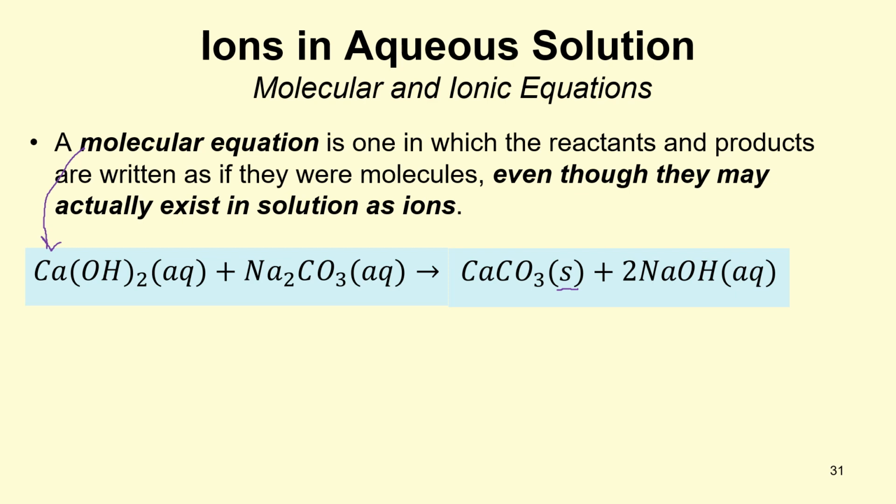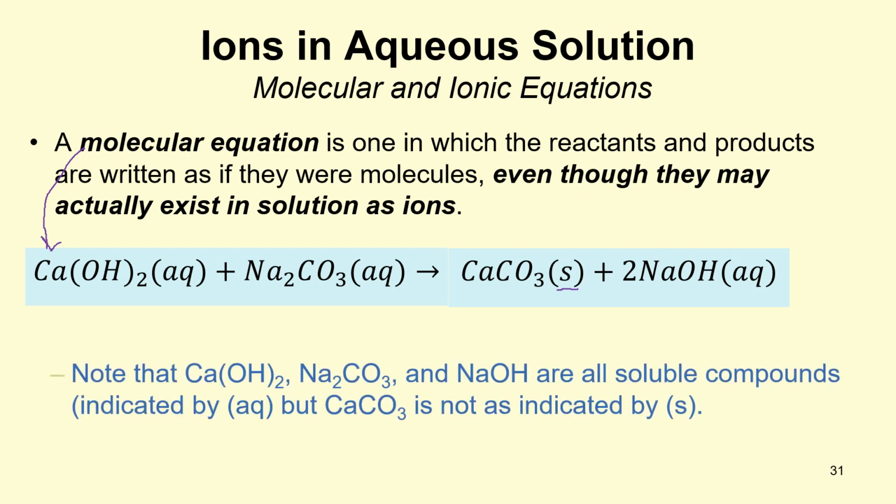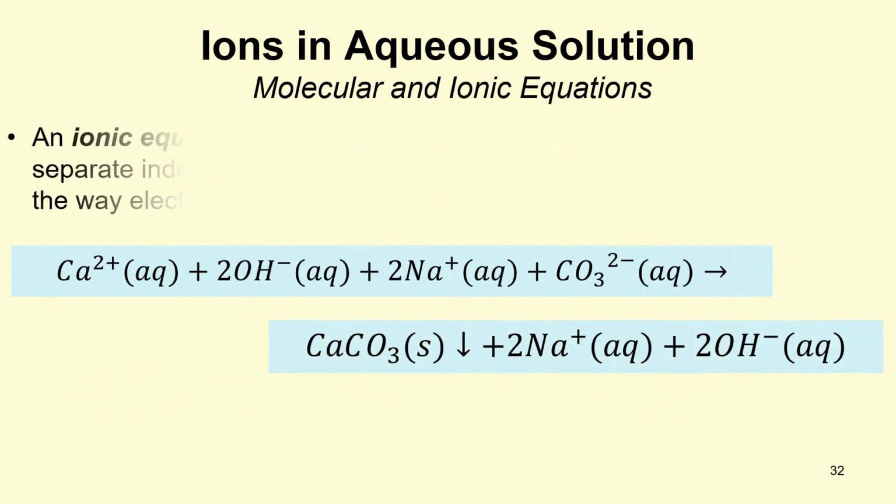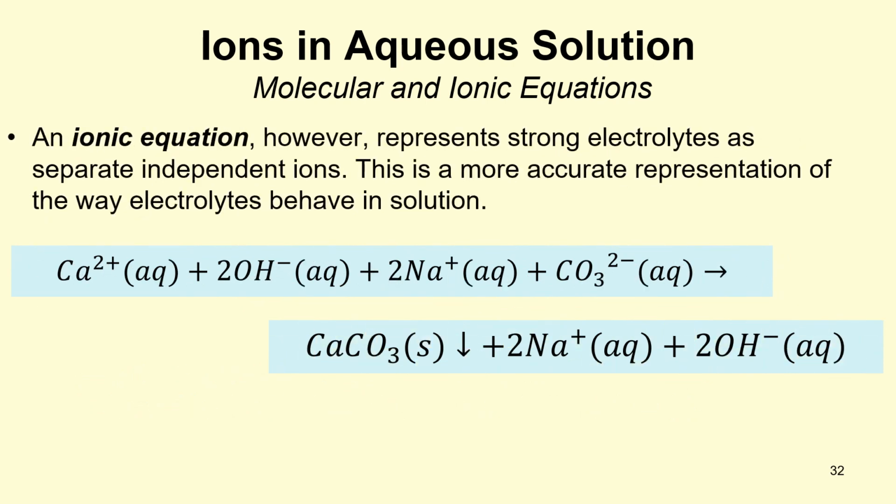But then we can also write this equation by breaking it apart into its ions and showing them actually the way they are in solution. So I just went over that. Okay, so now let's look at it. If we write the ionic equation, it represents strong electrolytes by independent ions.